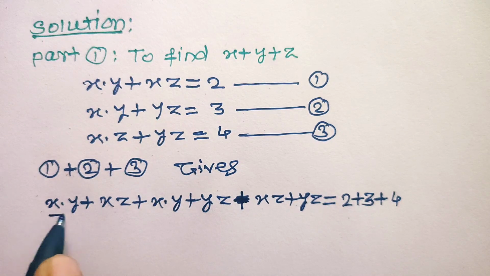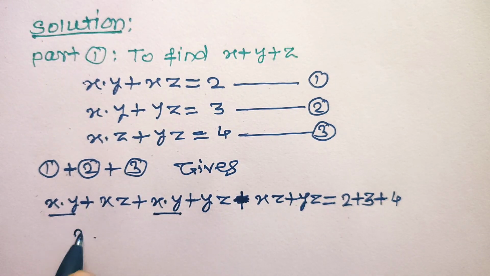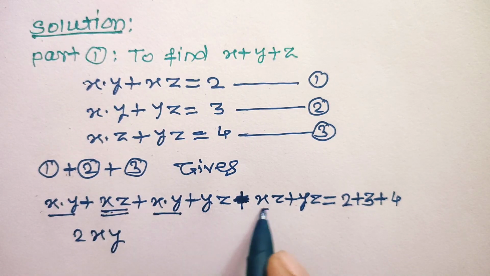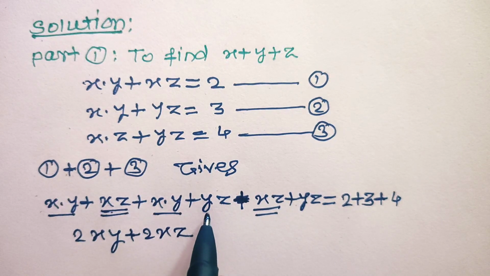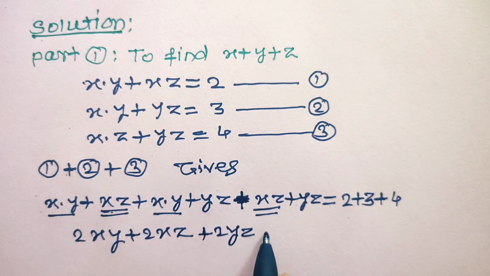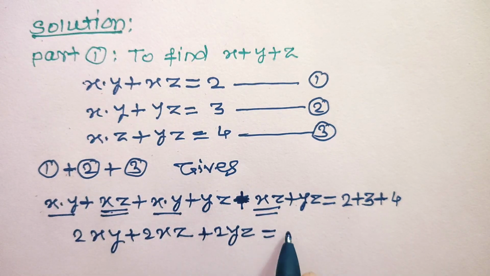Now xy and this xy is 2xy. xz plus this xz is 2xz, plus yz, that is 2yz. This is equal to 2 plus 3, 5, plus 4, 9.